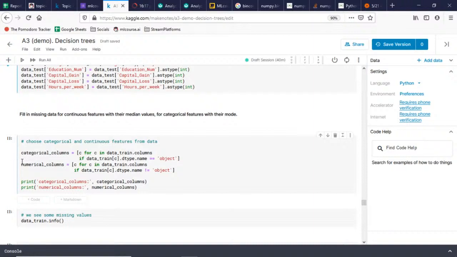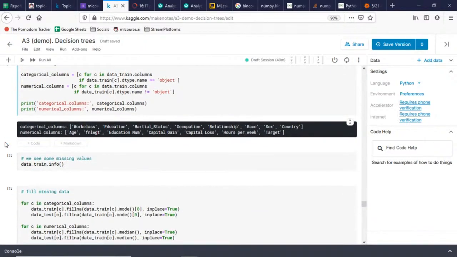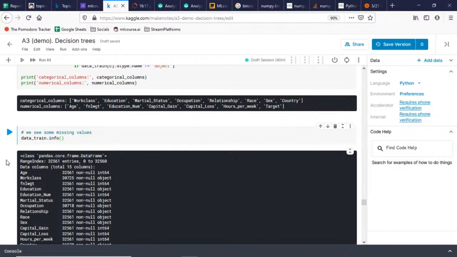Okay, so fill in missing data for continuous features with the median values, and for categorical features with the mode. So here we are dealing with missing data. See some missing values. Info.